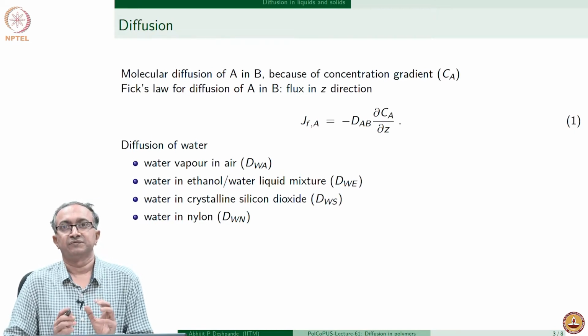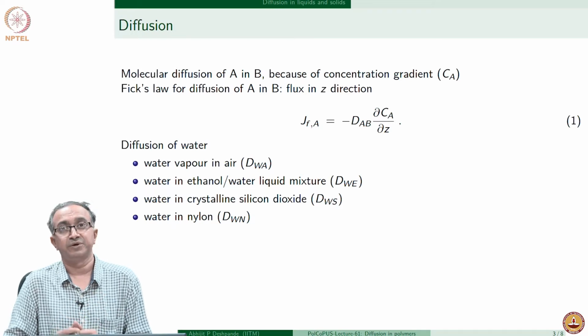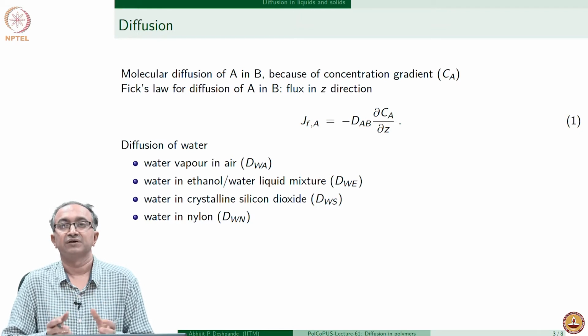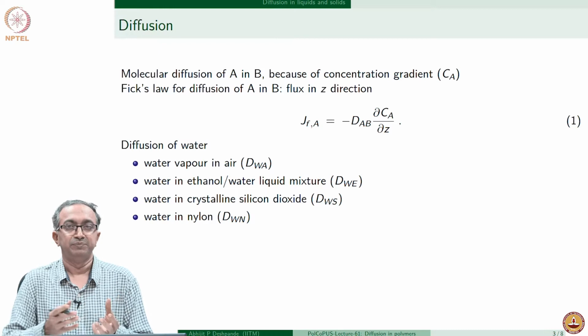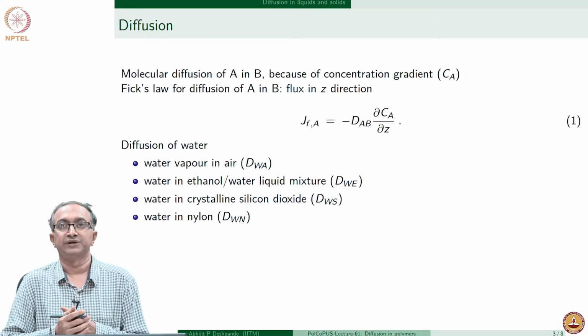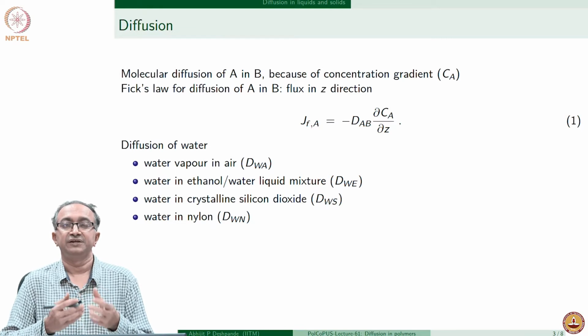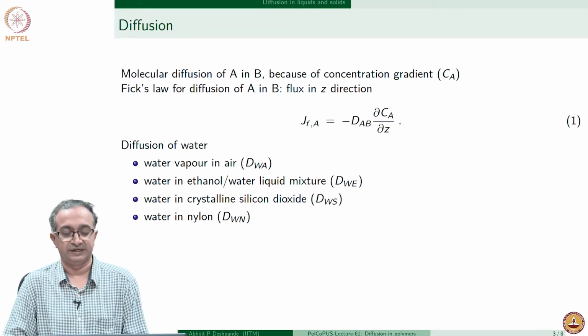So, diffusion is a phenomenon which is due to the gradient of chemical potential. In the simplest form, when we have a mixture of multiple components, given that their chemical potentials can vary as a function of position, diffusion happens, and therefore, we need a way to describe how much a species or a component will migrate because of this chemical potential gradient.